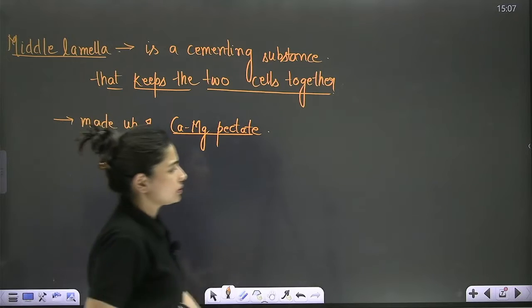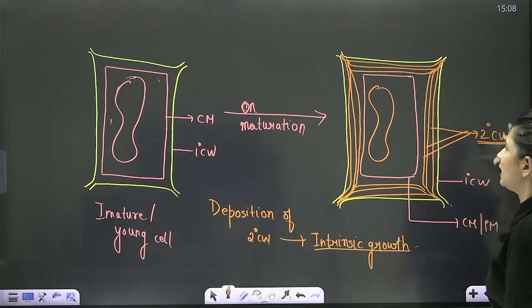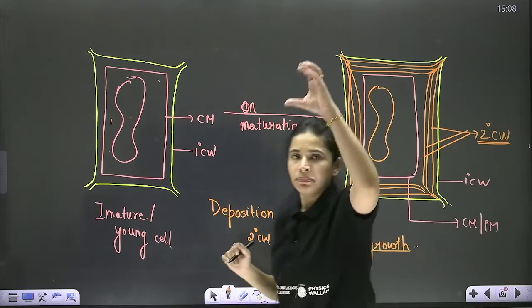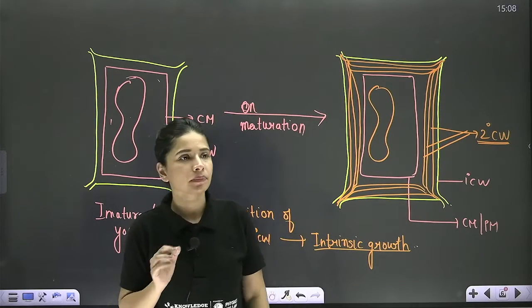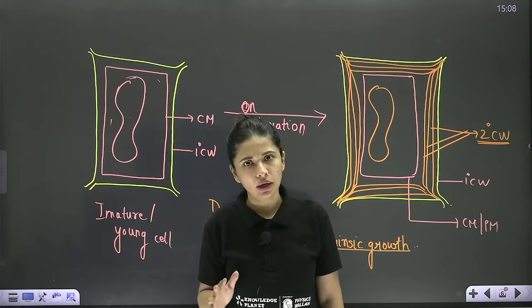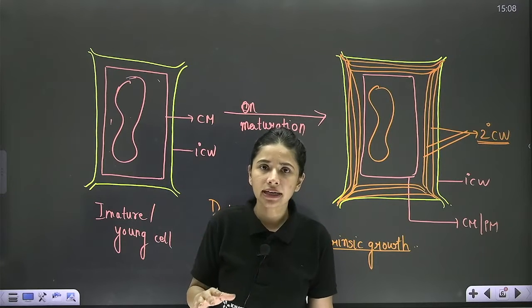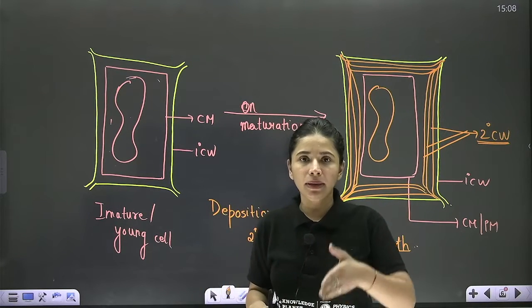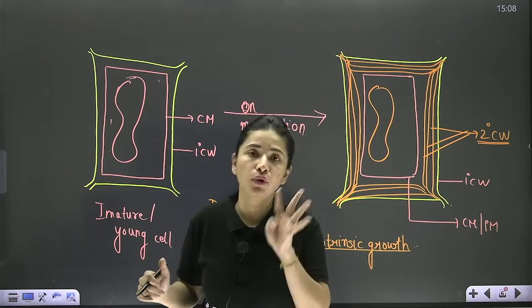Now, see, suppose this is my one plant cell, and over here I placed another plant cell. Then between two cells there will be middle lamella. It's just like I had a plot and I wanted to build 4 rooms. So what I did, I basically built 4 walls separating my whole plot into 4 rooms.